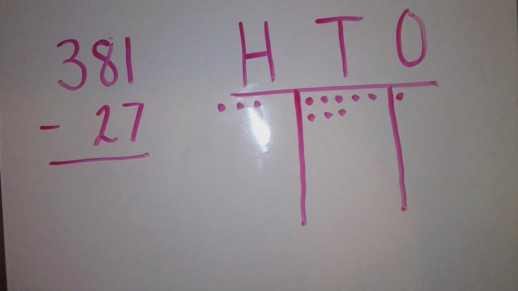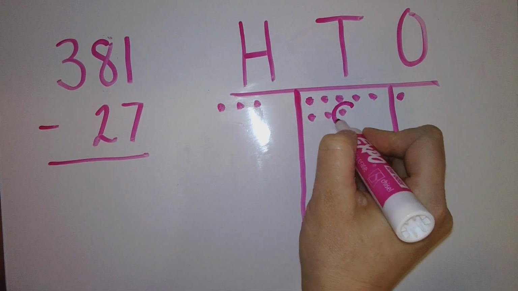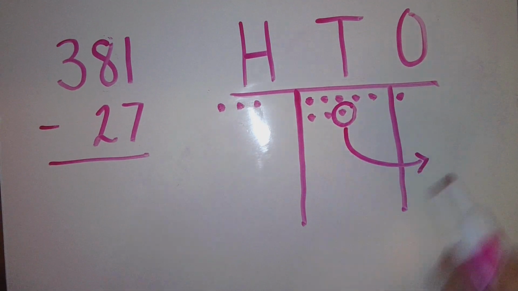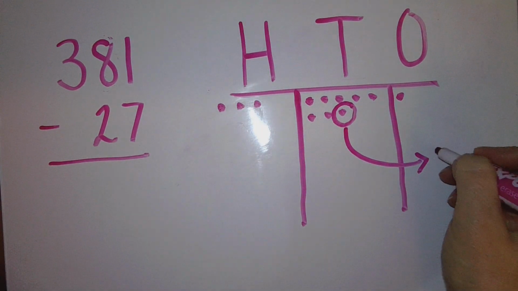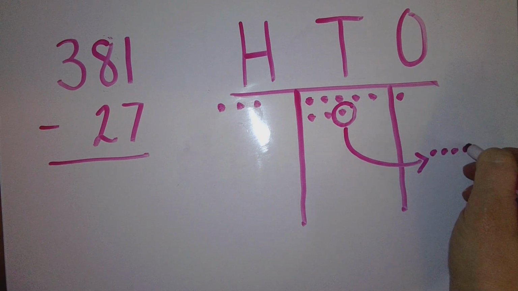Well, we only have one dot out over here. We cannot take away 7. So we must come over here to our tens place and unbundle one of those tens. We're going to draw 10 ones over here.